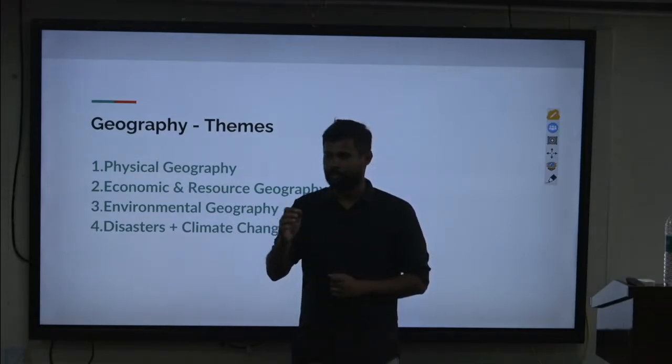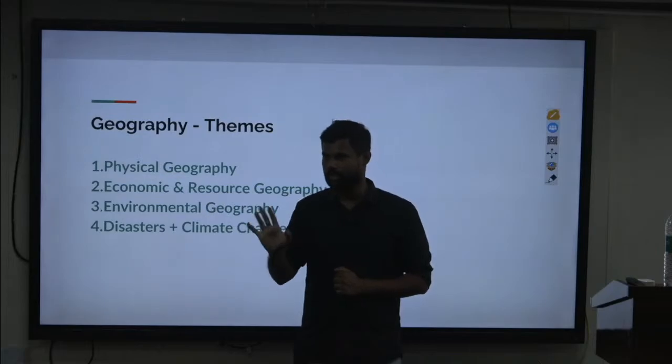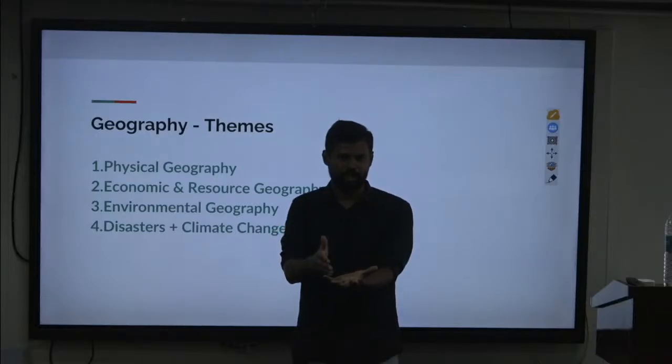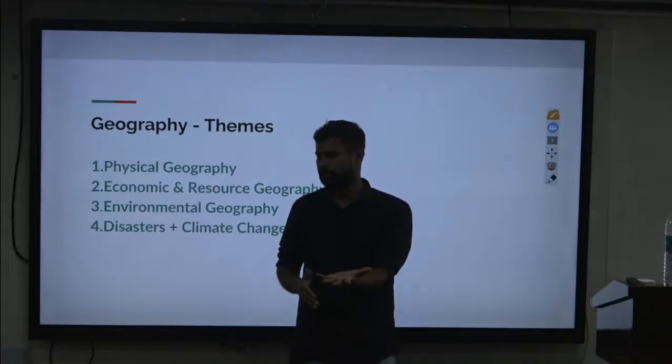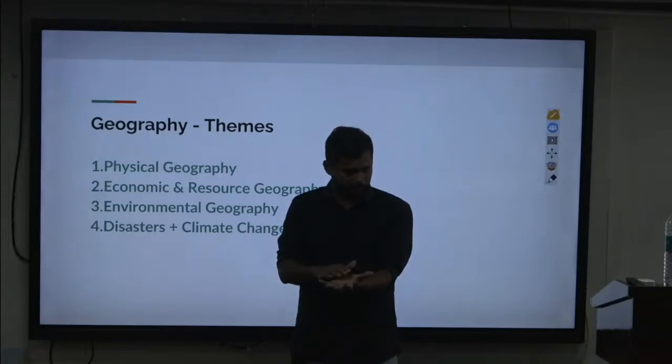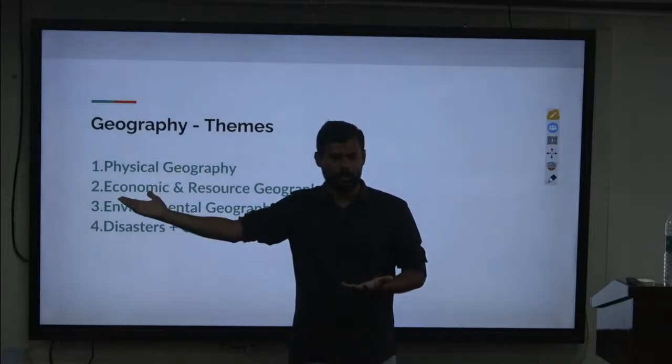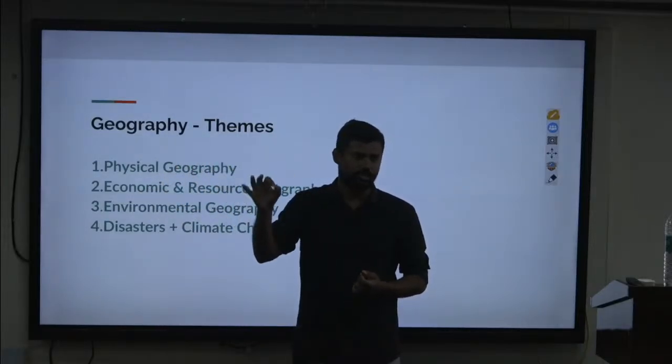Diagrams are an implicit and integral part of geography, not for the reason that someone has told me the secret, but because the philosophy and essence of geography is diagram. I have told you, geography is defined as the spatial distribution of phenomena. Correct. So if you have to abide by the philosophy of geography, you have to show the spatial distribution. Either show it at the scale of India or at the scale of the world, but diagram is an essence of geography.